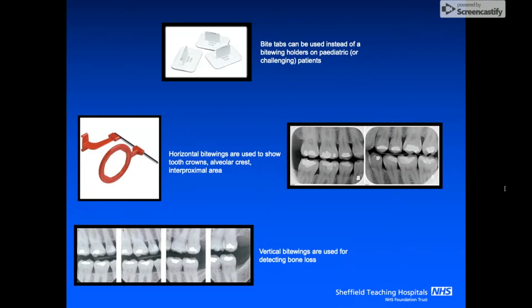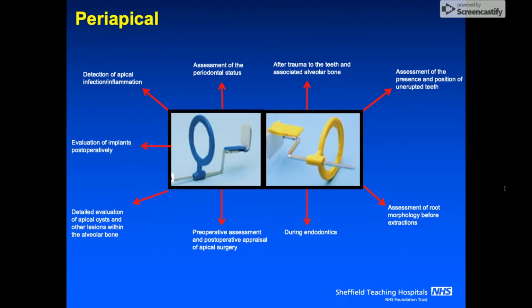In this position, the image receptor extends usually just beyond the mesial aspect of the third molar. The X-ray tube is aligned accurately using the beam aiming device to achieve optimal horizontal and vertical position. Each image usually shows 2 to 4 teeth and provides detailed information about the teeth and the surrounding alveolar bone.